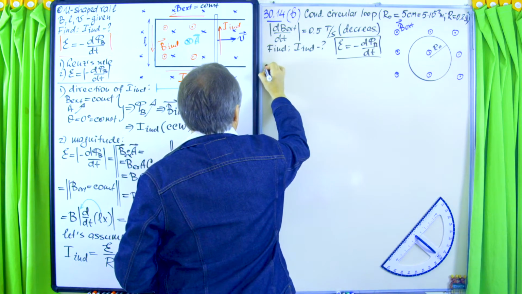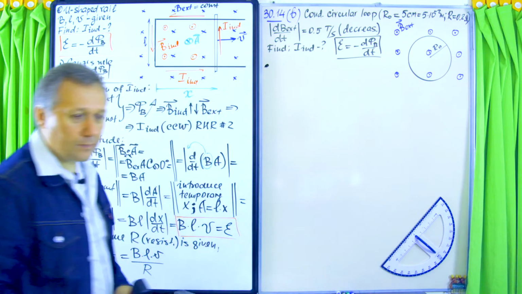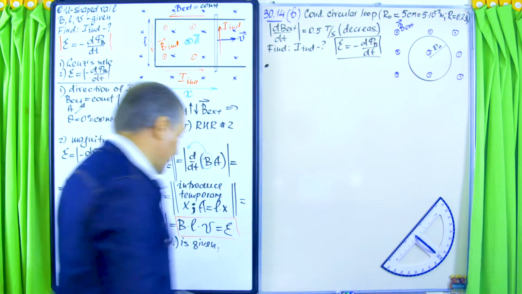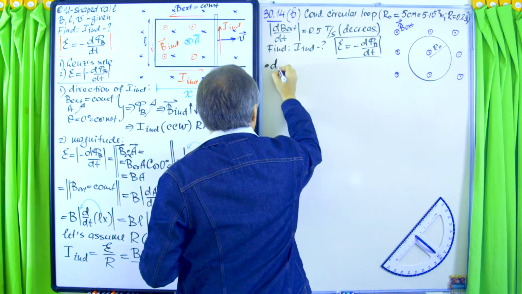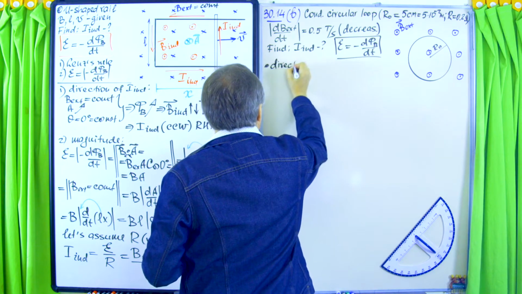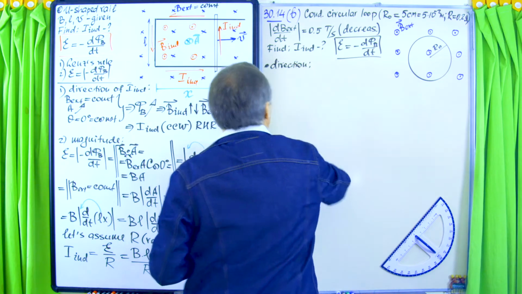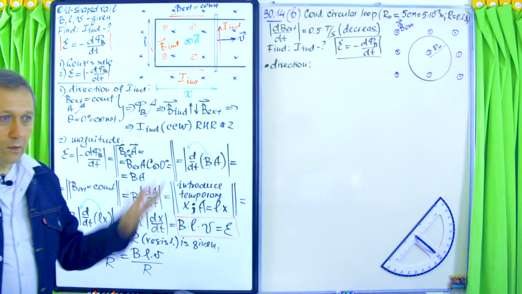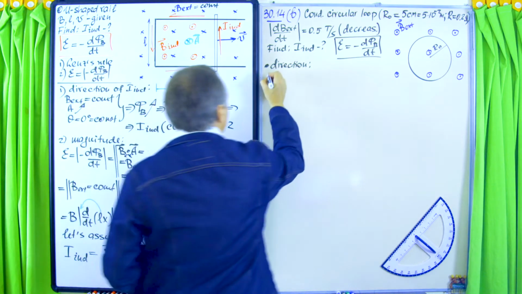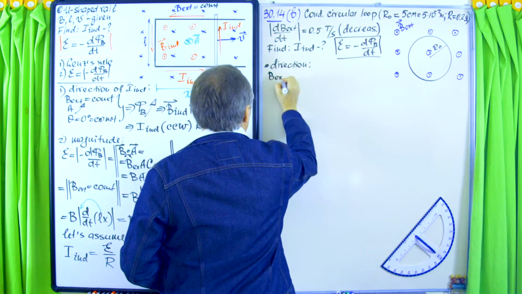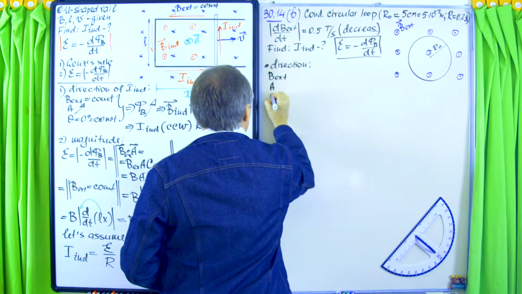So the first one, let's find the direction. Lenz's rule. Again, three parameters: B, A, theta, B external, area, and the angle.